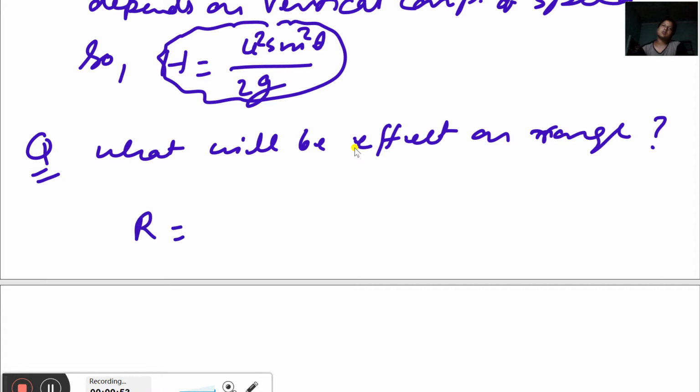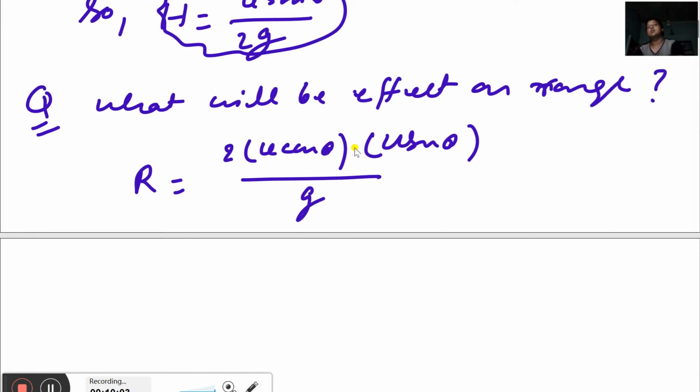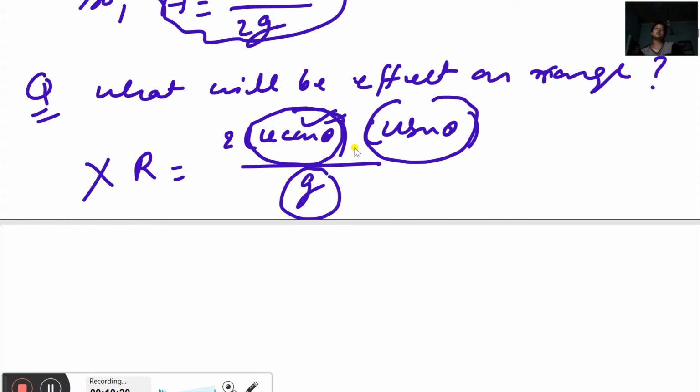Range is 2 u cos theta u sin theta over g. Here g remains constant, u sin theta remains constant, but u cos theta changes. So this formula is not applicable here.